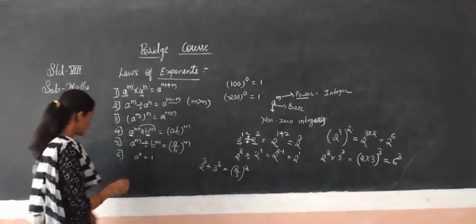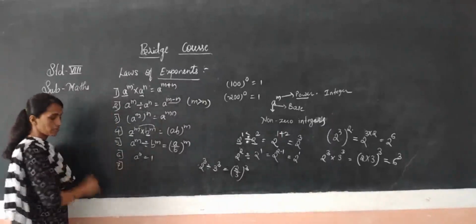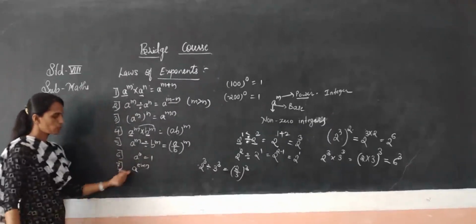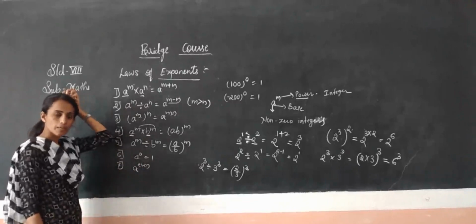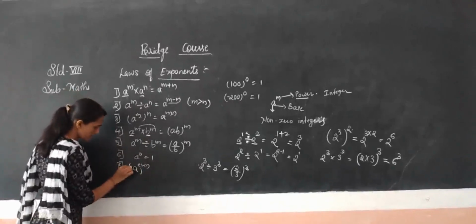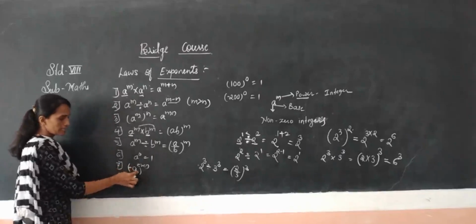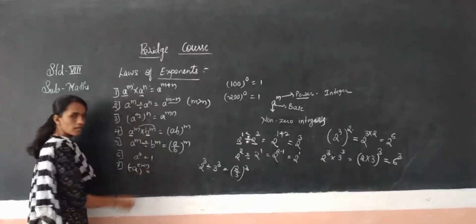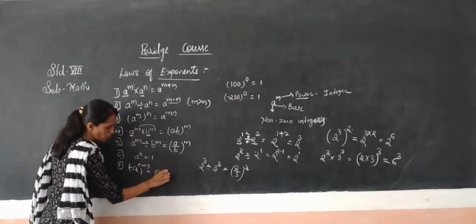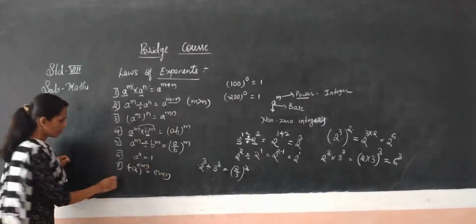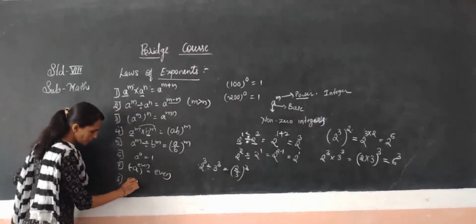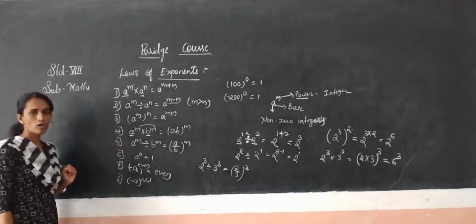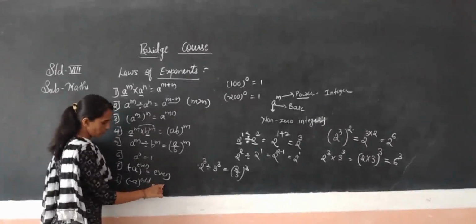One more thing: a to the power even, even if the integer is a minus, minus a to the power even number. With an even power, the product becomes positive only. But if it is minus a to the power odd, that will become negative only.